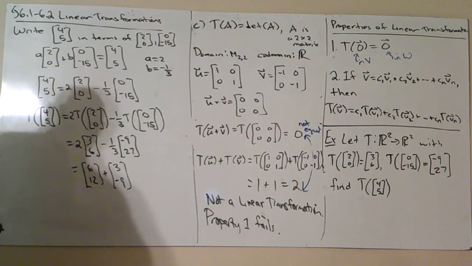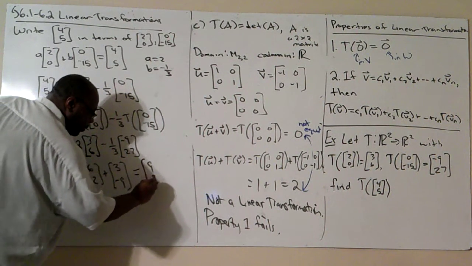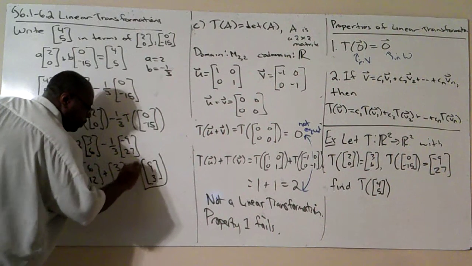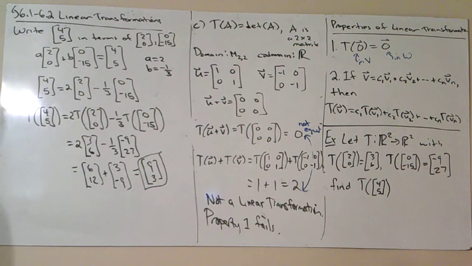I think so. So I get (9, 3). Again, if I made any mistakes, you guys will be able to catch it and make sure I did it correctly. But I think it's probably right. So that's (9, 3).